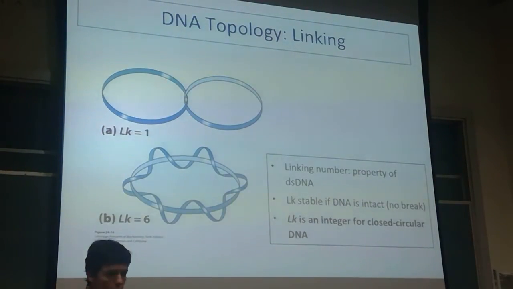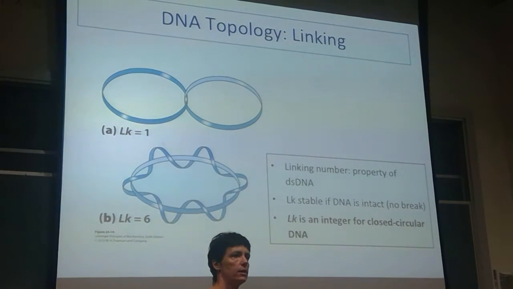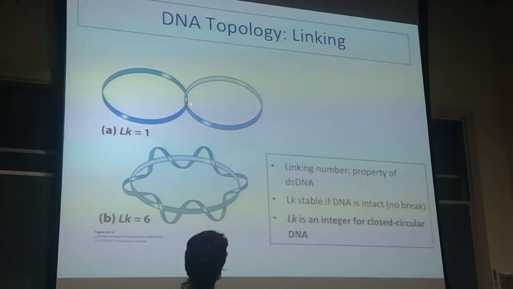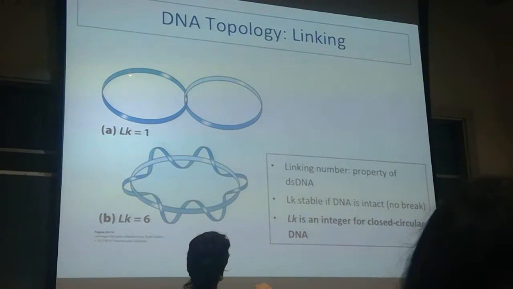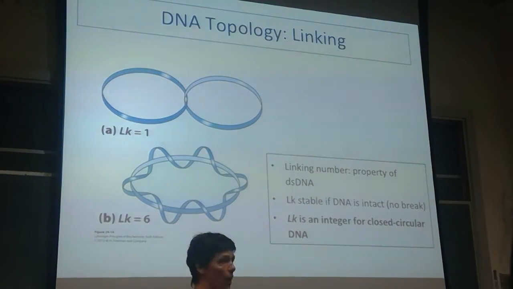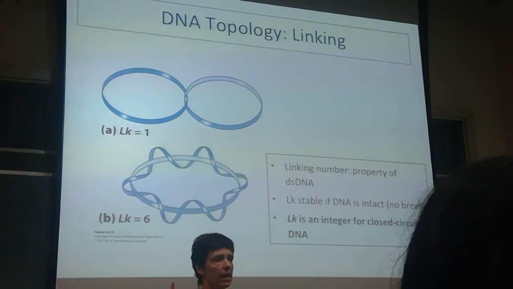All right, now there are several numbers you need to remember. One is called the linking number. The linking number is the number of times one strand of DNA goes over the other one. Here, you get one strand of DNA, another strand of DNA, one molecule, and they go one over the other. This is Lk equals 1.